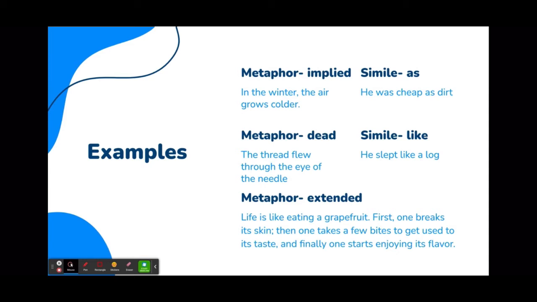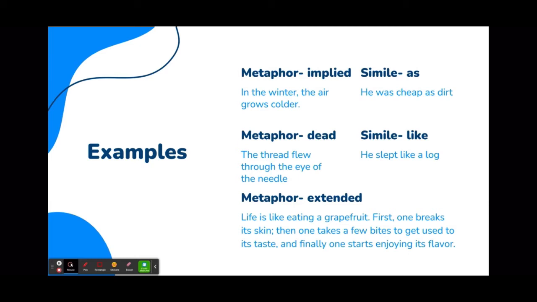It can't be called a metaphor anymore since the descriptor became part of the needle. An extended metaphor in there, it's comparing life to a grapefruit, and it's in two sentences there.